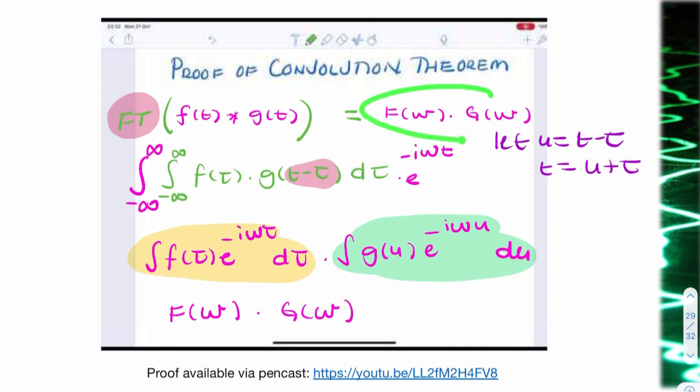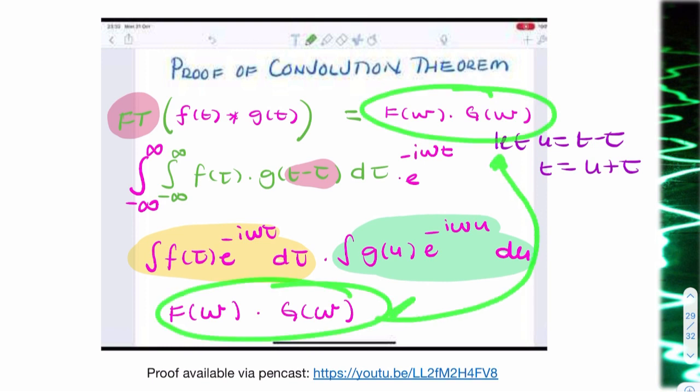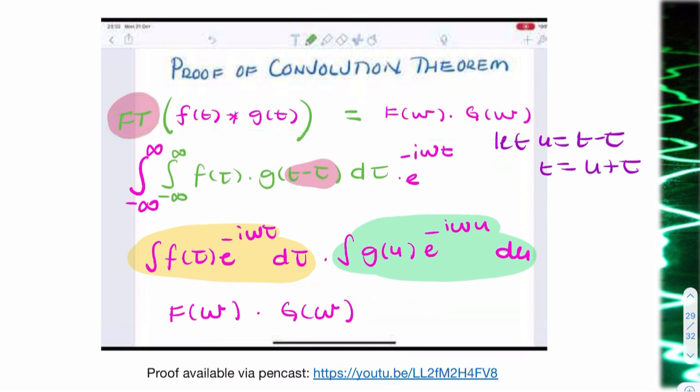So we've essentially demonstrated that the Fourier transform of a convolution can be rewritten as a product of two Fourier transforms. And I think I've done a slightly better job of clarifying that in my YouTube video there.